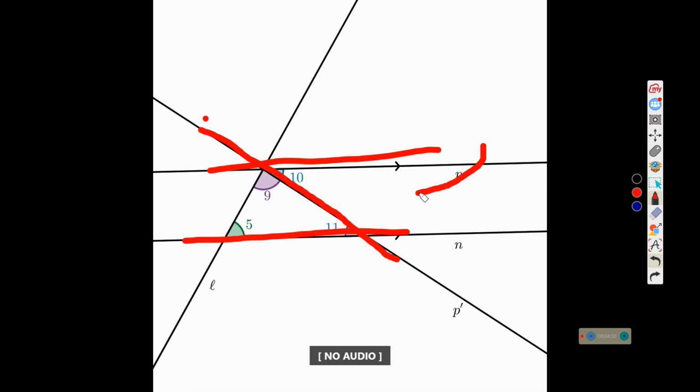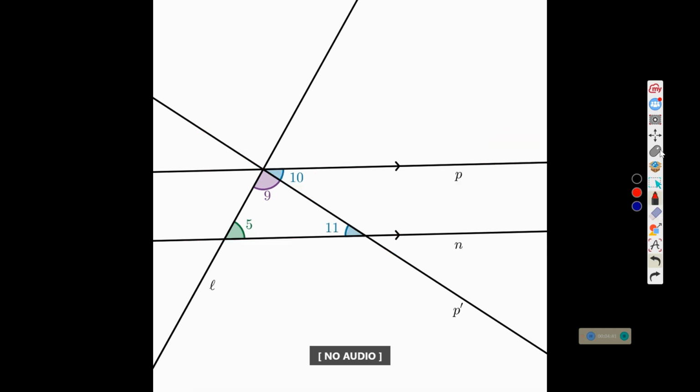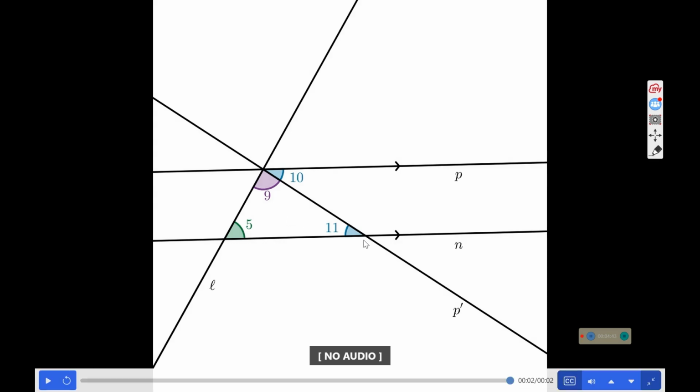They're both inside the parallel lines. This one is on the right and this one is on the left. So they are alternate interior angles, which means 10 and 11 are equal in measure. And if these three add up to 180, and we swap out angle 11 with angle 10, then the sum of these three must also be 180 degrees.